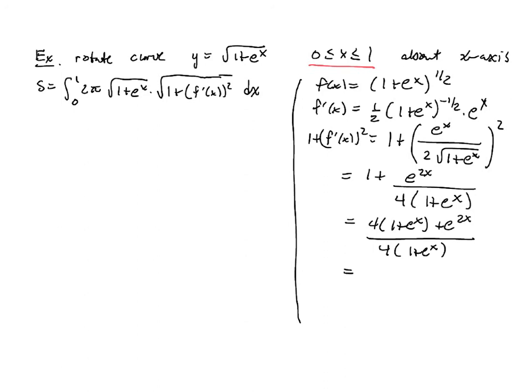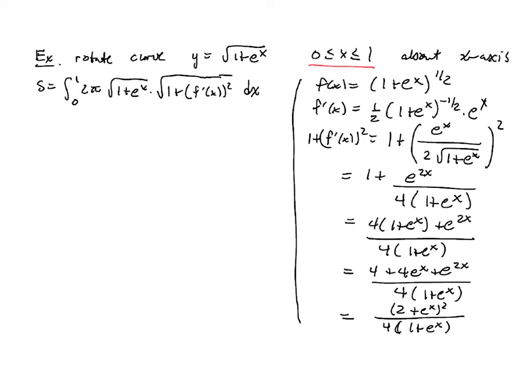So I multiply those bits out. 4 plus 4 e to the x plus e to the 2x over that original denominator. And I find that that numerator factors. It's 2 plus e to the x squared, over 4 times 1 plus e to the x in the denominator.